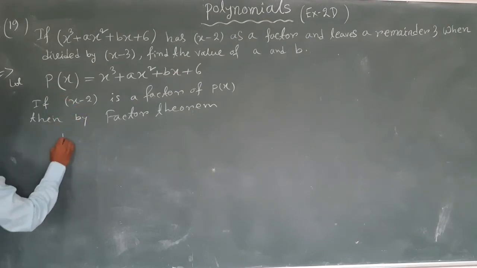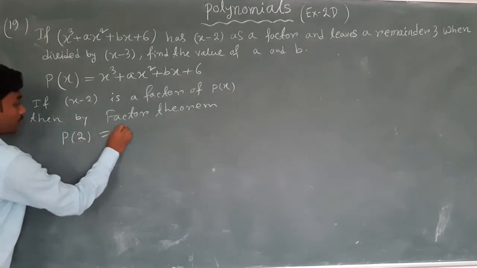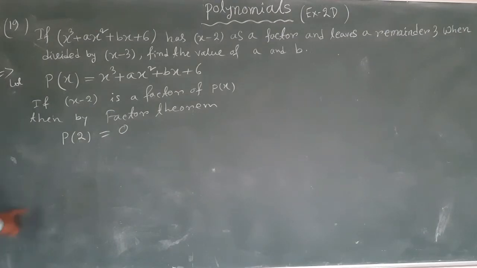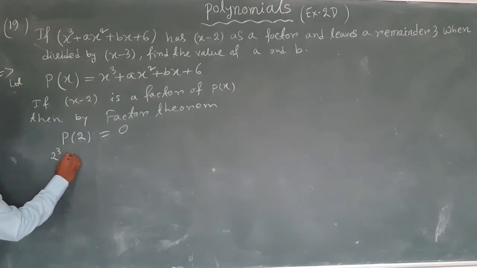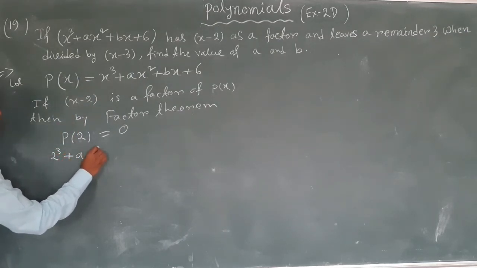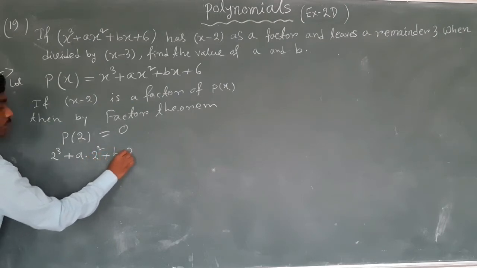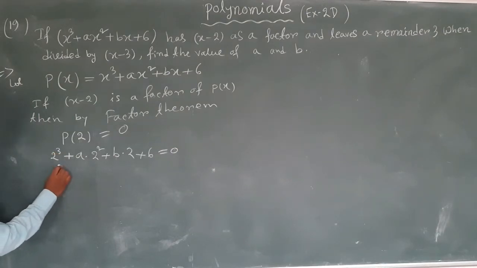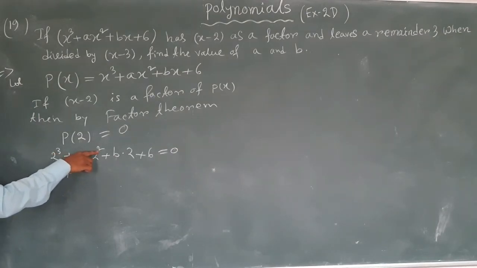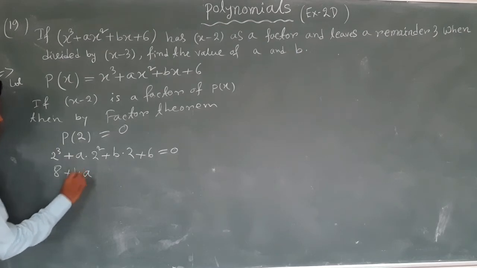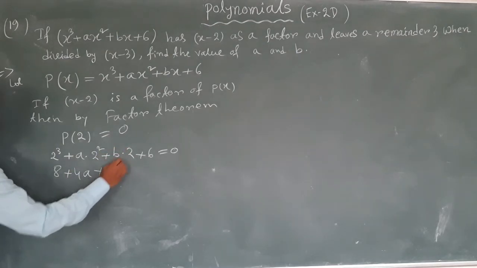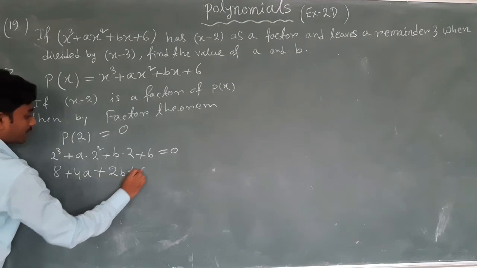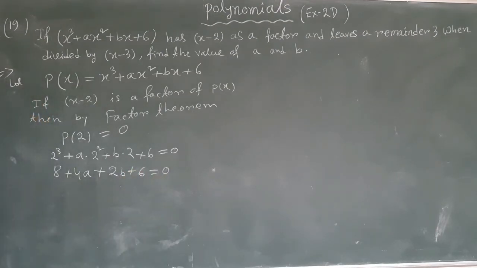p of 2 equal to 0, that is put 2 in place of x, so 2 cube plus a into 2 square plus b into 2 plus 6 is equal to 0. 2 cube equal to 8, 2 square 4 into a, 4a, 2 into b, 2b, plus 6 is equal to 0.